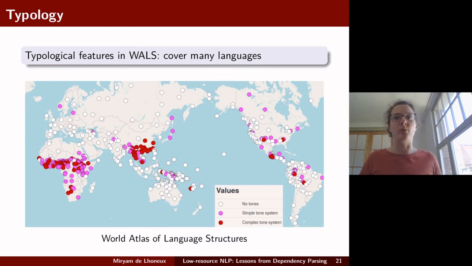This is just an example of one feature in the World Atlas of Language Structures, the feature of whether languages have no tones, a simple tone system or a complex tone system, and we can see that this covers a large set of languages. If we could use these features in parsing, we could maybe cover a lot more languages and start really mitigating this gap. And obviously this question has been asked quite early on.